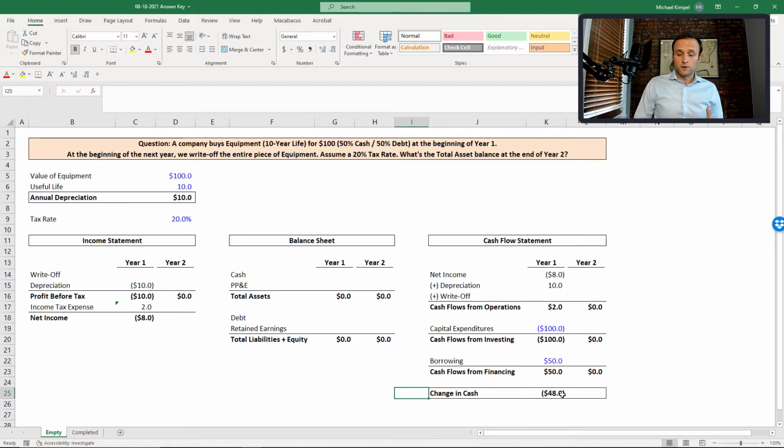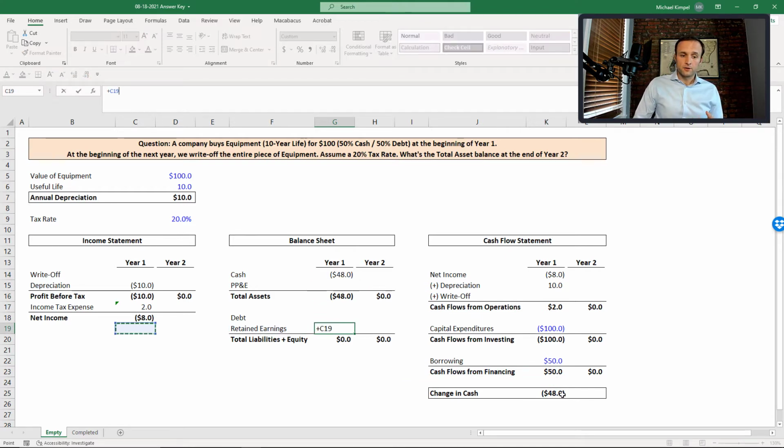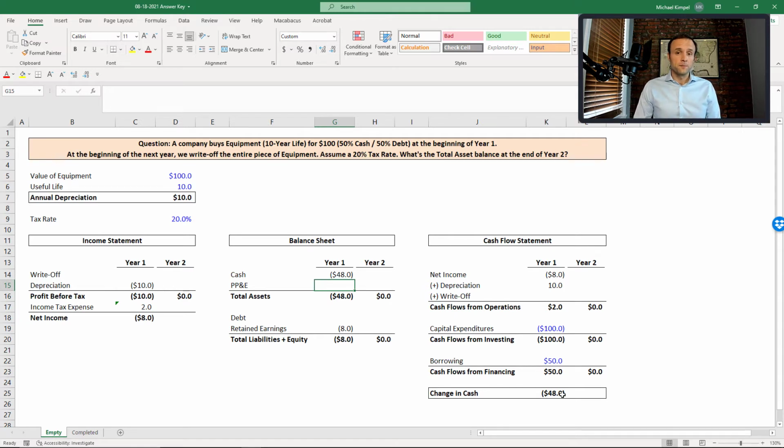So to kick this off, we're going to pull our change in cash over to our cash balance. So we'll grab that negative 48 here, and then we'll pull net income into retained earnings. That completes step three. Now we just have to complete step four, which is filling in the pieces. Well, what happened here? We purchased a piece of equipment and incurred $10 of depreciation.